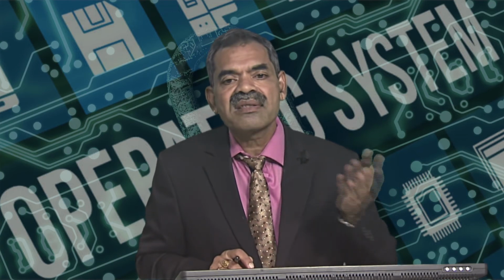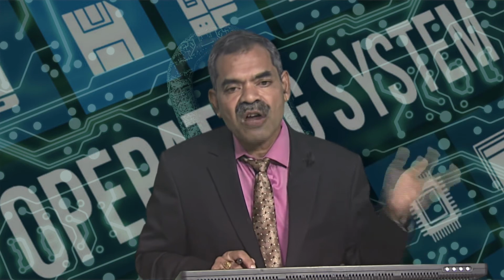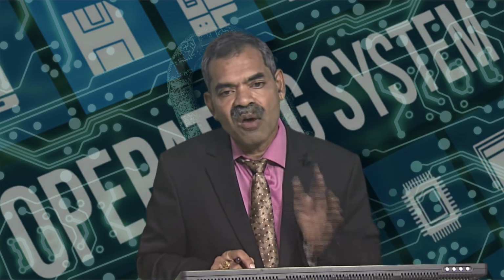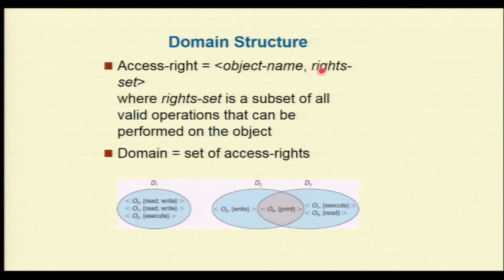Otherwise, there are system calls and system commands which will enable you to change the default rights, or if there is a problem, you can always talk to your super user, he or she will help you out. The rights are very clear, the domain name is very clear, the domain is a set of access rights.